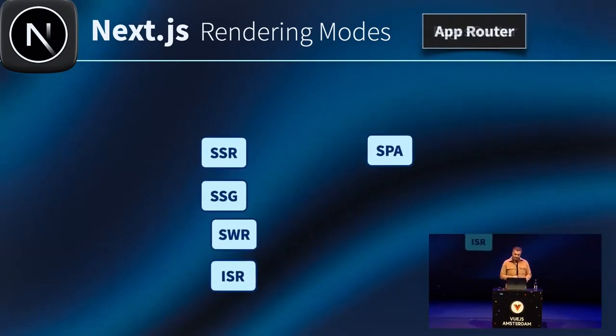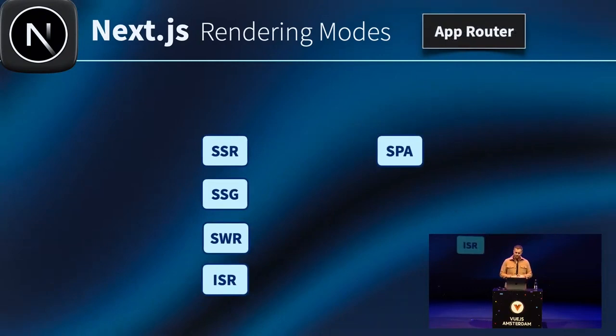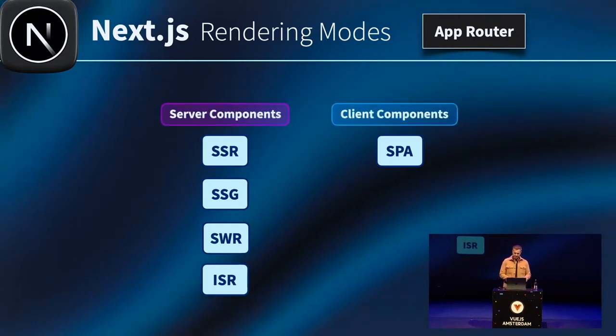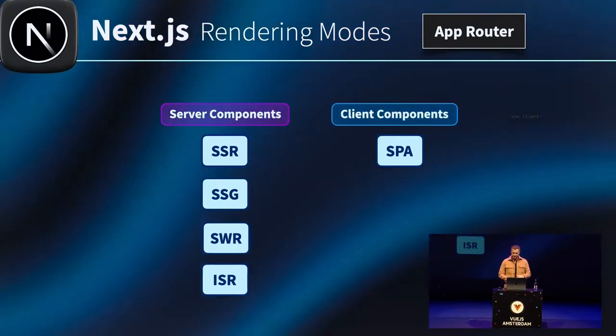In Next.js 13, there was the release of the app router, and these rendering modes are still available to us, but essentially the concepts have been simplified, where we have server components and client components. So if we want a component to be a client component, we'd put use client at the top of it, and that would be essentially client only.